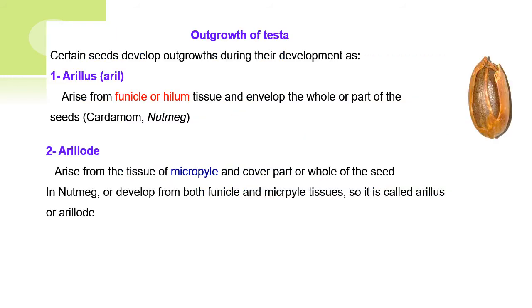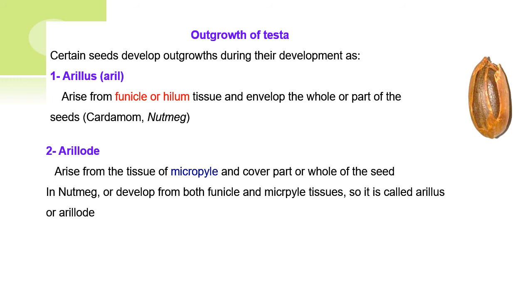Sometimes the seed or the seed coat develops outgrowths during its development, with different characteristic shapes according to the type of the plant. The first outgrowth is the arillus or aril. This outgrowth arises from the funicle or the hilum tissue and covers the whole or part of the seed, as in cardamom or nutmeg.